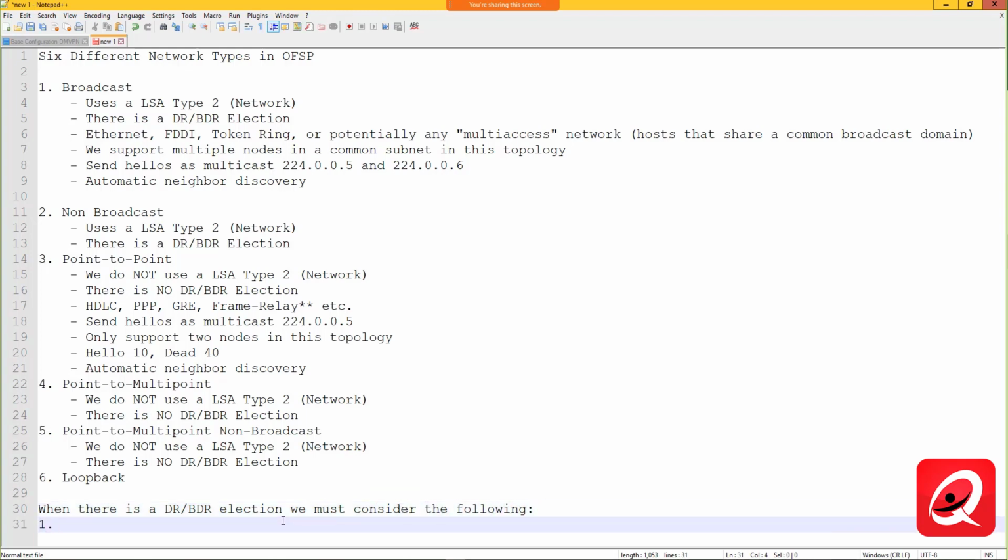Number 1, the router with the highest interface priority in the broadcast domain will have priority to become the DR.